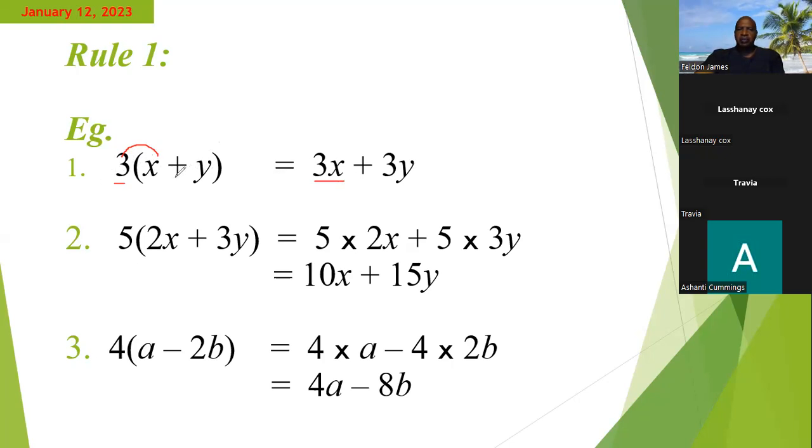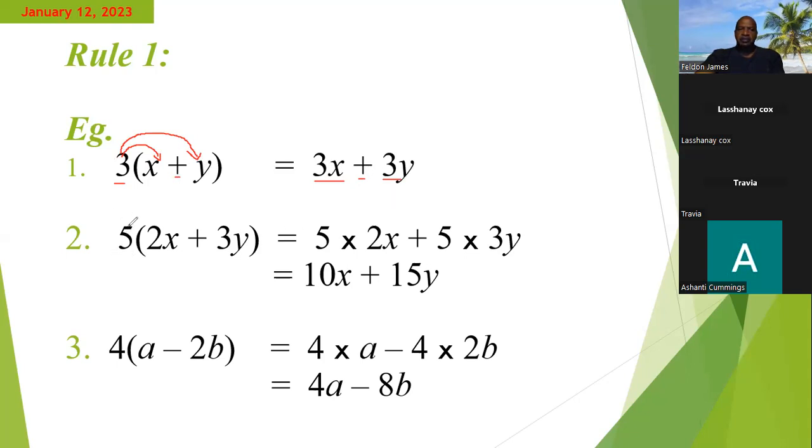Then we put back the sign that we have. Then we take the 3 and multiply it with the y, so we get 3y. So the answer is simply 3x plus 3y.